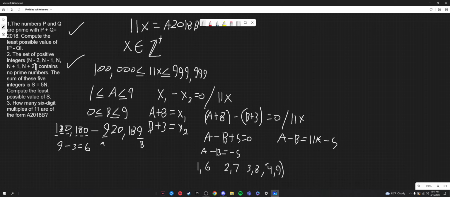Let me write out these as ordered pairs. So this already comes out to 4 different combinations for it being a 6-digit multiple of 11.